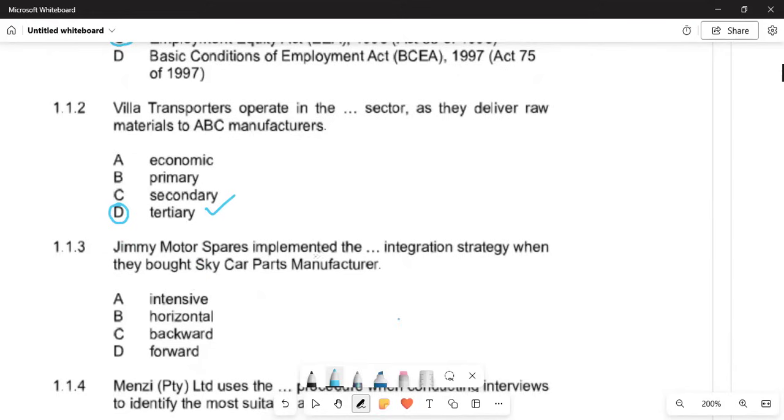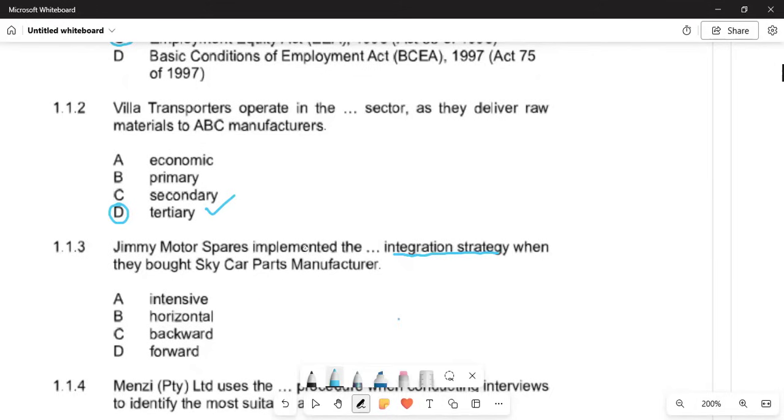1.1.3: Jamie Motor Spares implemented a dash integration strategy when they bought Sky Parts Manufacturers. So we are talking about the integration strategy. As we know, this is where we integrate two businesses, for example merging with suppliers or with distributors, trying to solve certain problems.